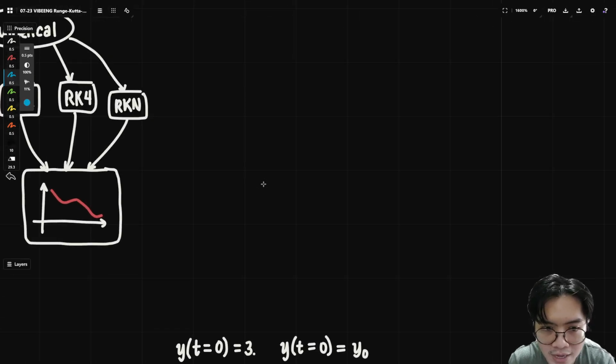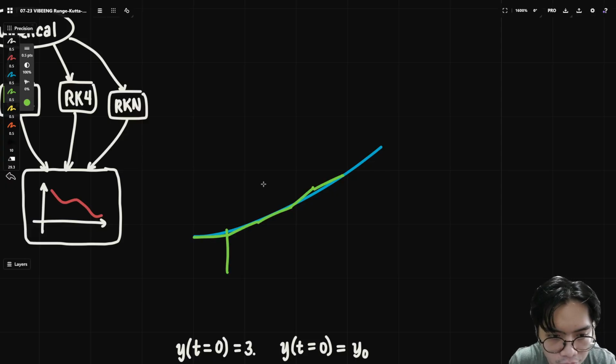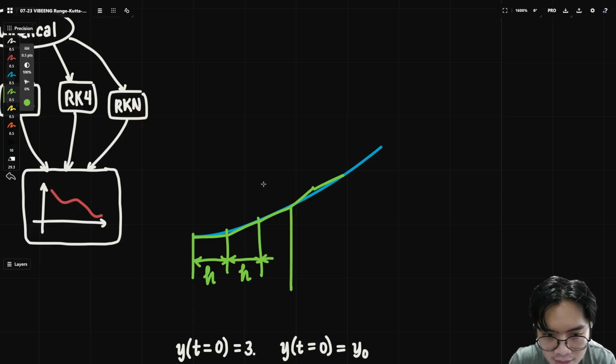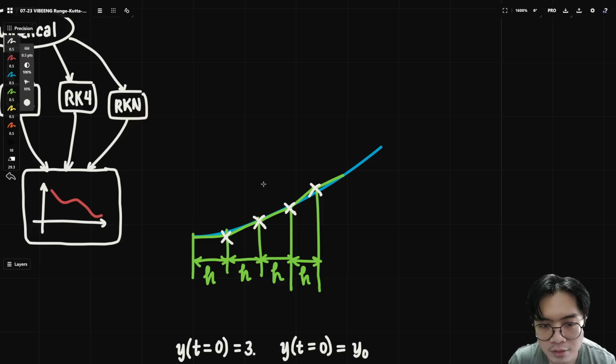Kumbaga, kung ang totoong analytical solution natin is ganyan, ang magagawang solution ni numerical is like blocky. It's based on these values, what we call step sizes. All of these guys have identical step sizes. It produces these values right here based on these step sizes. So, hopefully you will understand that the smaller the step size, the better the approximation.